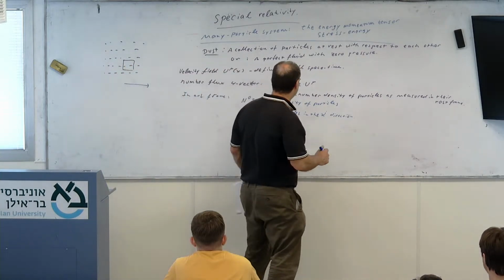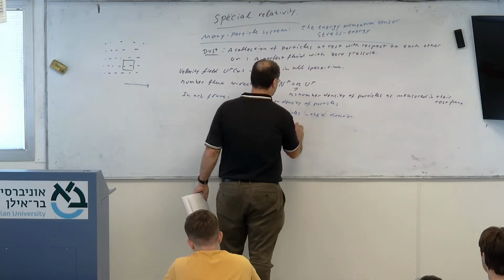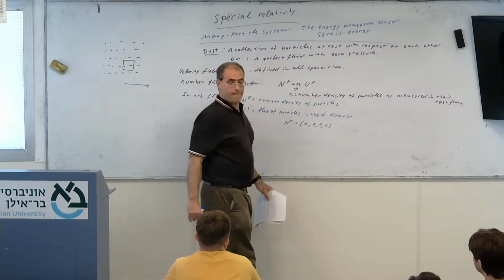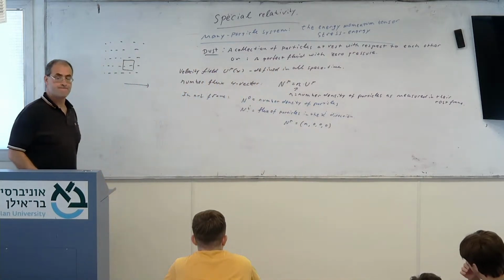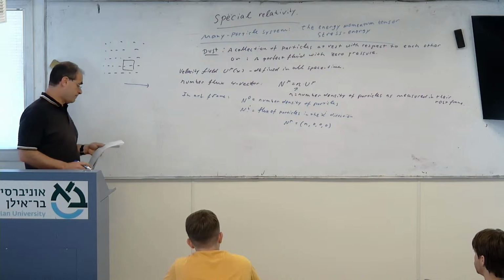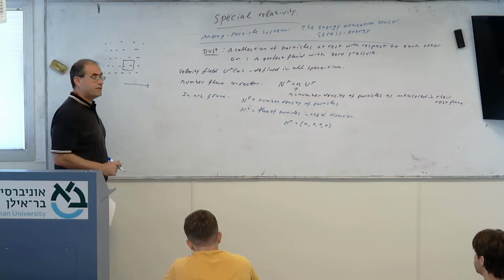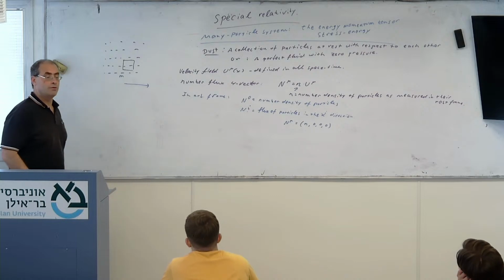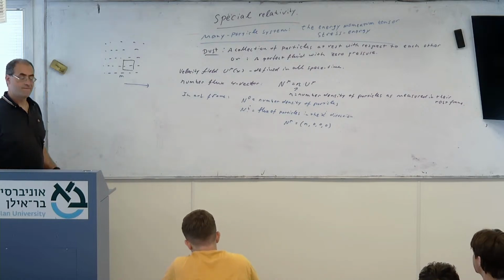So in the frame in which it is at rest, n^mu is (n, 0, 0, 0). Now let's say that all the particles have the same mass, m, the rest mass of each particle.